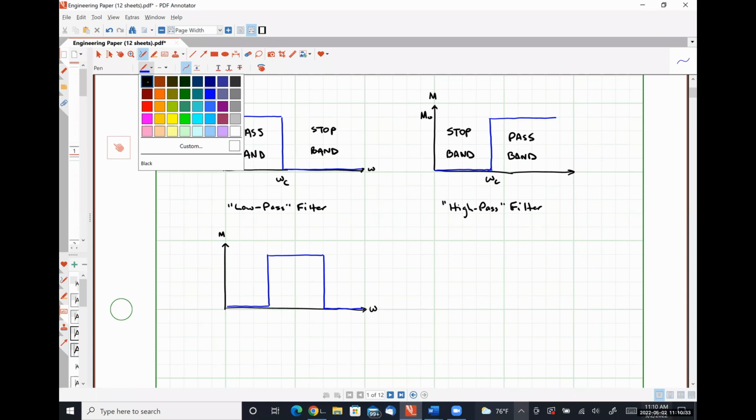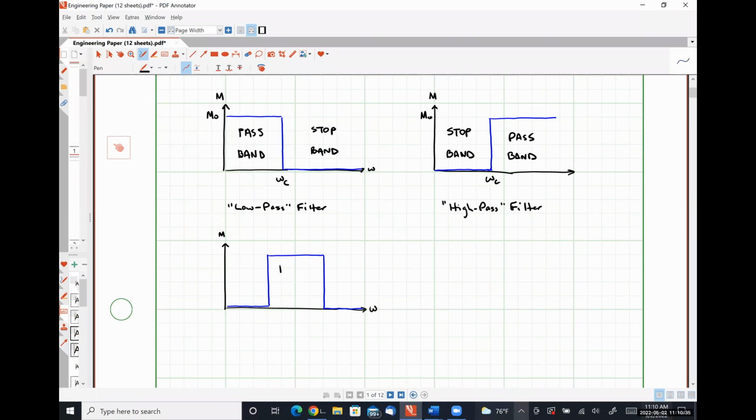So here in the middle, we have our pass band. And then on either side of the pass band, we have stop bands. Our pass band has two cutoff frequencies, right?